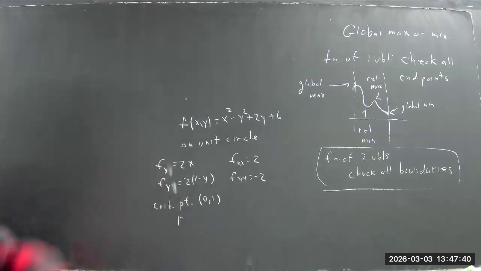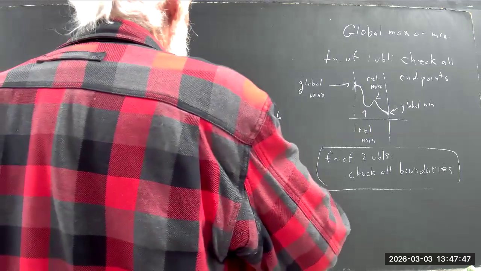f_xx is 2, f_yy is negative 2, f_xy is 0.